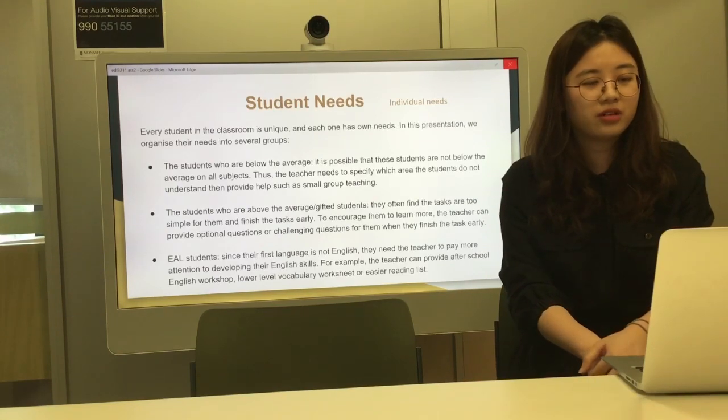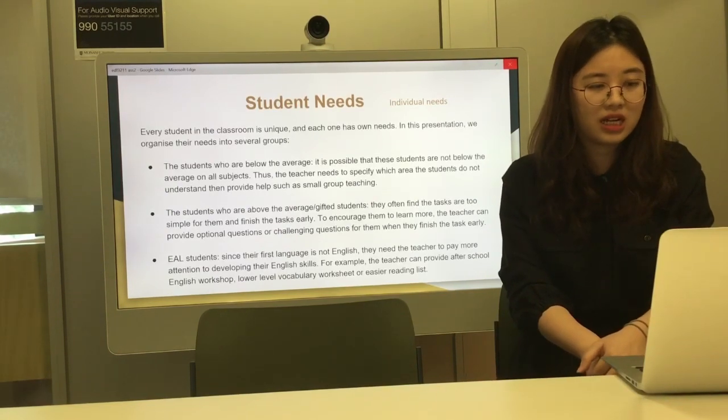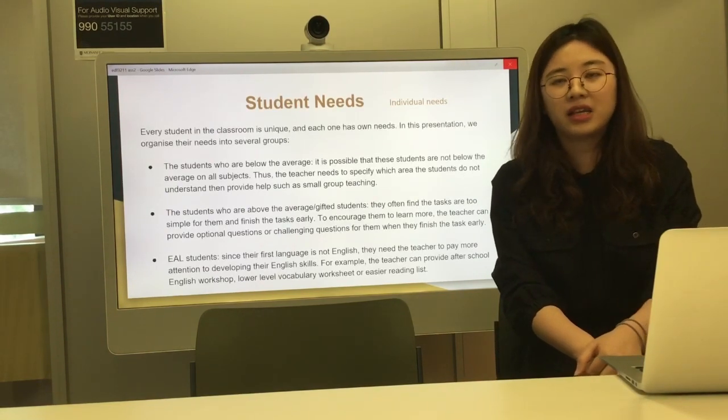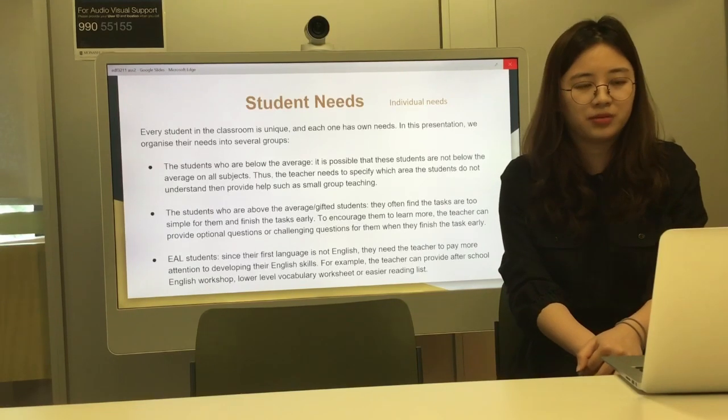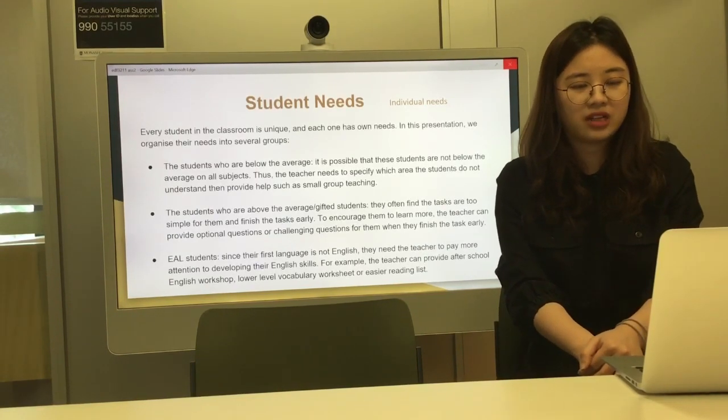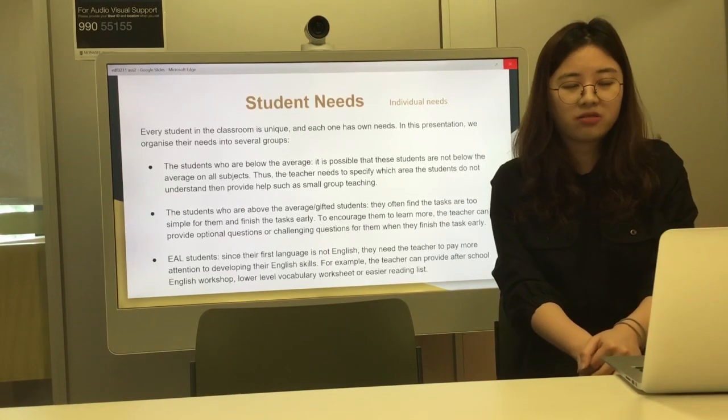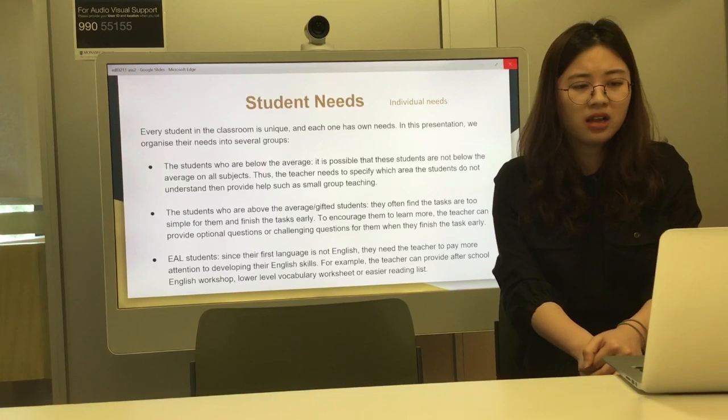As for individual needs, every student in the classroom is unique, and each one has their own needs. In this presentation, we organize these needs into several groups. For the students who are below average, it's possible that they are not below average in every subject area.